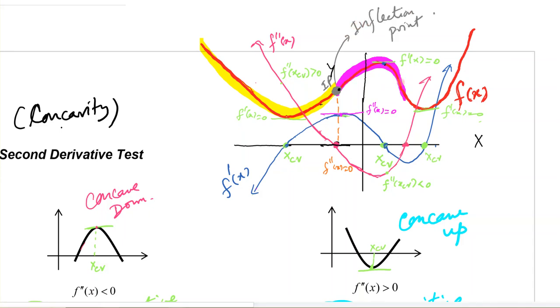Similarly, the next inflection point would be somewhere here where it's maximum steep, and again where the second derivative is 0. So that would be another inflection point, because the curve starts being concave up after this point. So again, here the curve is concave up. So the second derivative test also helps us to find inflection points.